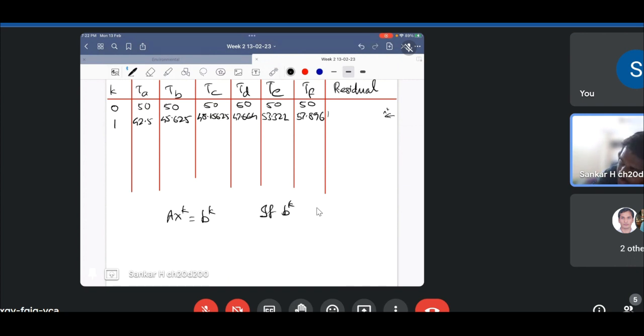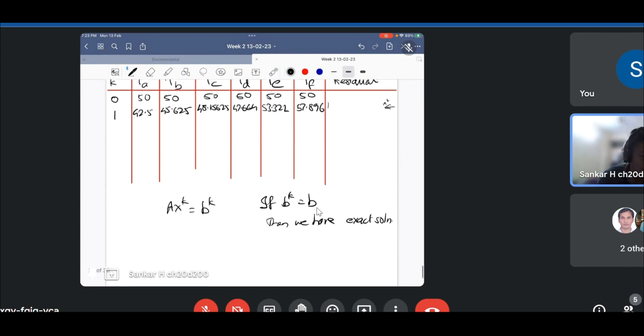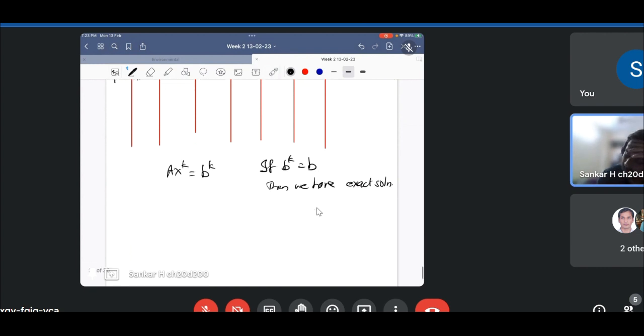If bk is equal to b, then we have the exact solution. If bk is not equal to b, we have bk minus b, which is also given by A times xk minus b, which is known as the residual.